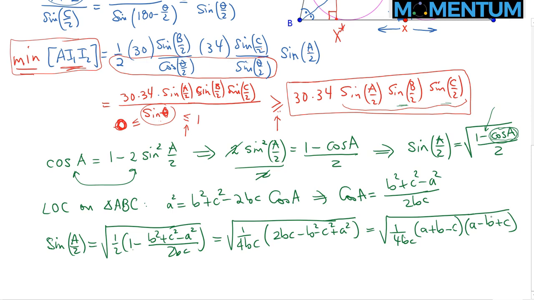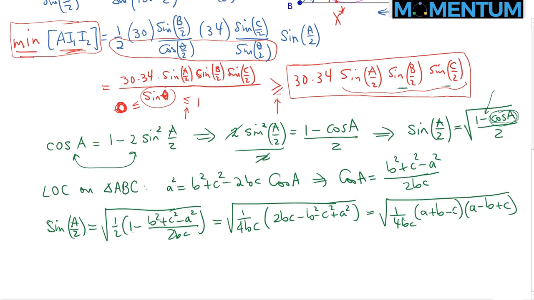And simply using a similar strategy, you can easily find sine B over 2 as well, and just purely exploiting the symmetry we got here, that would be 1 over 4AC apparently. And look at how A is positive here, and then the B and the C alternate. So it would be B positive here, and A and C will alternate. So minus A plus B plus C times A plus B minus C.